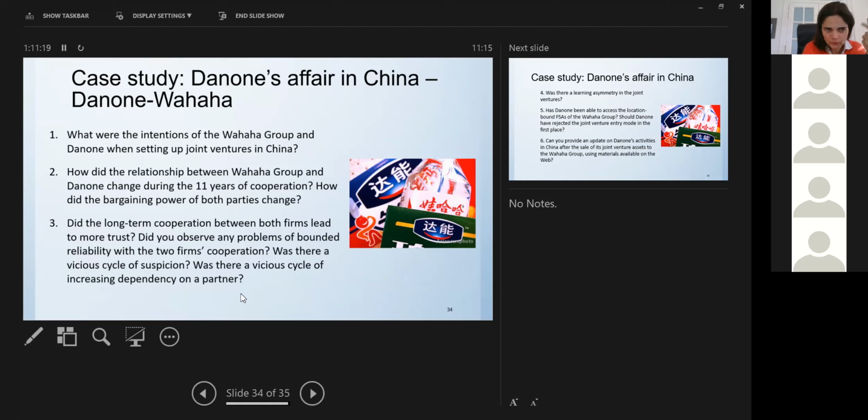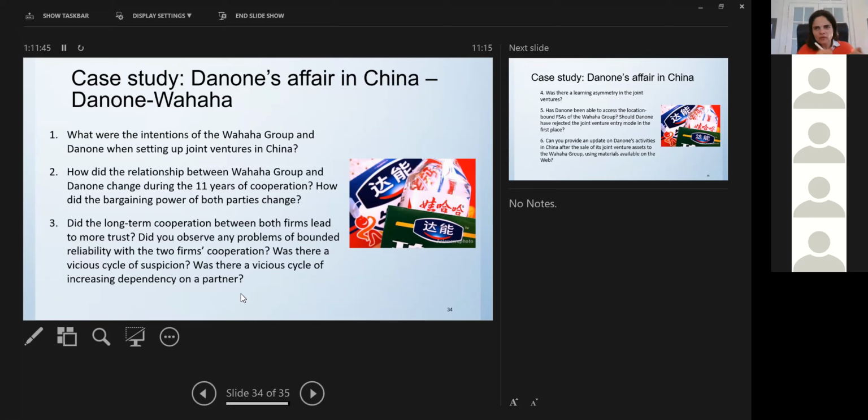Now, what I want you to consider is what the intentions were. So read the case. It starts on page 373. It is called Danone's affair in China because it was a long story about a non-perfect marriage, whereby the two companies in the beginning gave a lot of autonomy to the subsidiaries that they had there.